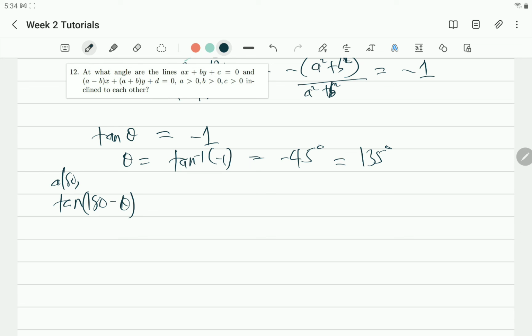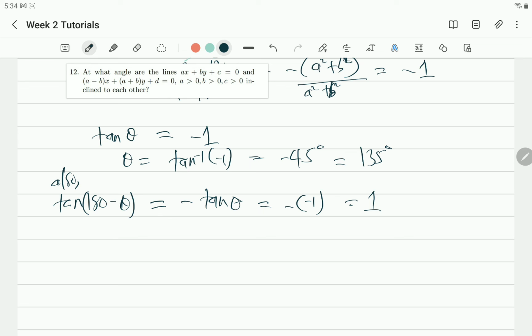So 180 minus theta basically is always equal to minus tan of theta, right? And we just learned that tan of theta is minus 1. So we have minus 1. This is giving us 1.